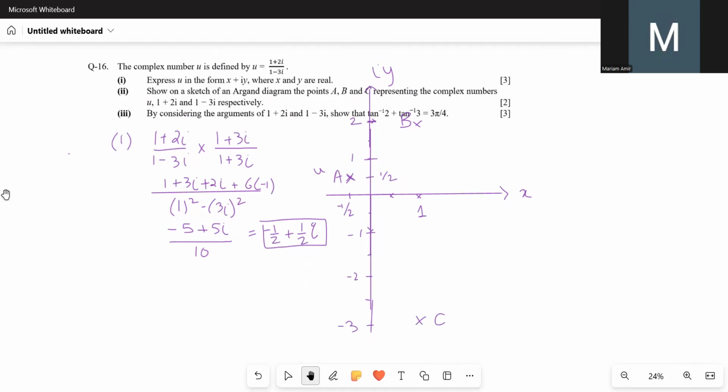Part 3, by considering the arguments of 1 plus 2 iota and 1 minus 3 iota, show that tan inverse of 2 plus tan inverse of 3 is equal to 3 pi by 4.